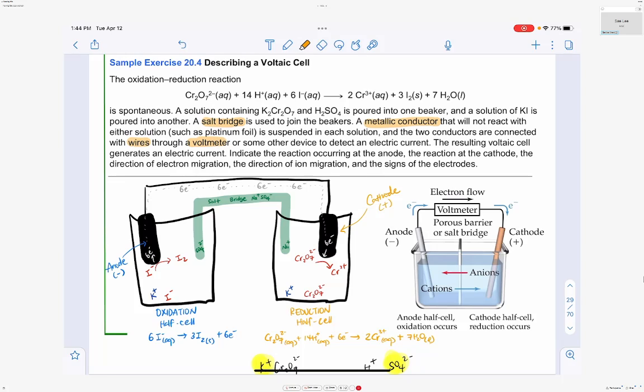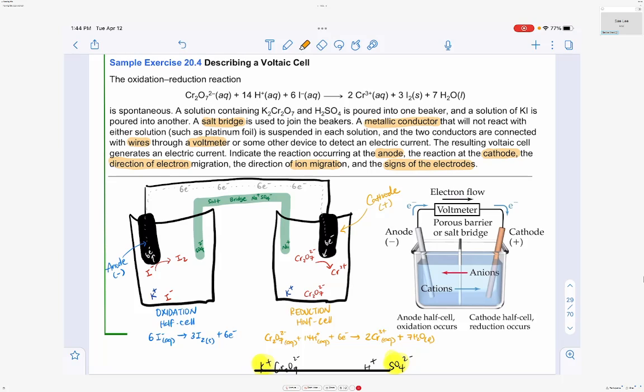The resulting voltaic cell generates an electric current. Indicate the reaction occurring at the anode, the reaction occurring at the cathode, the direction of electron migration, the direction of ion migration, and the signs of the electrodes.